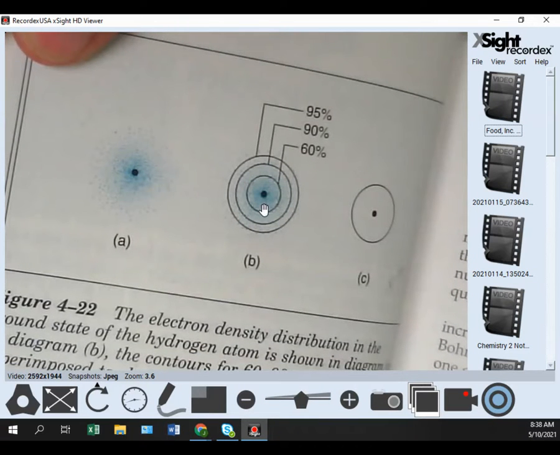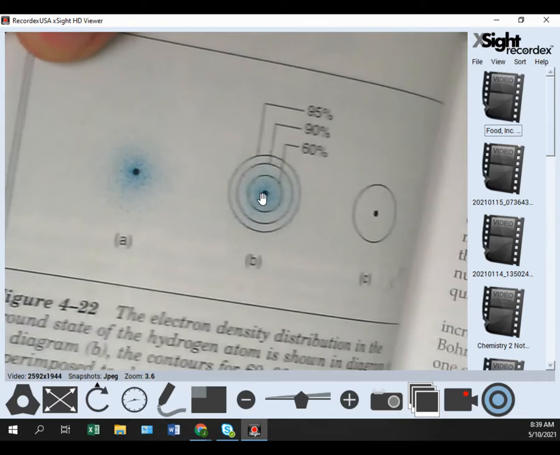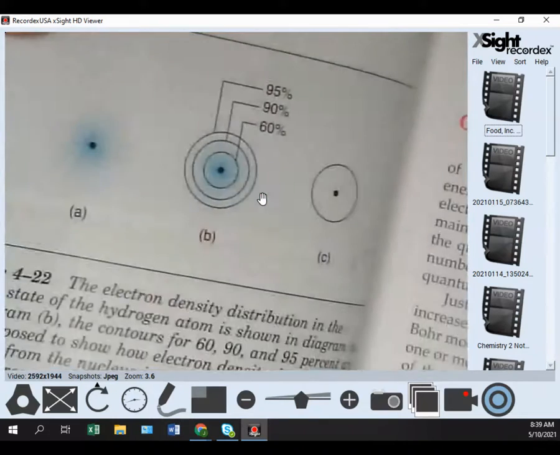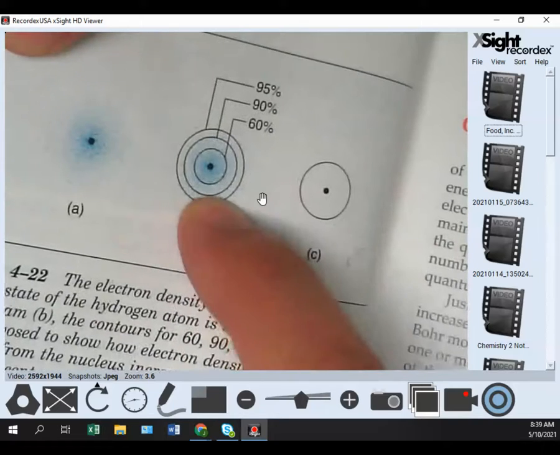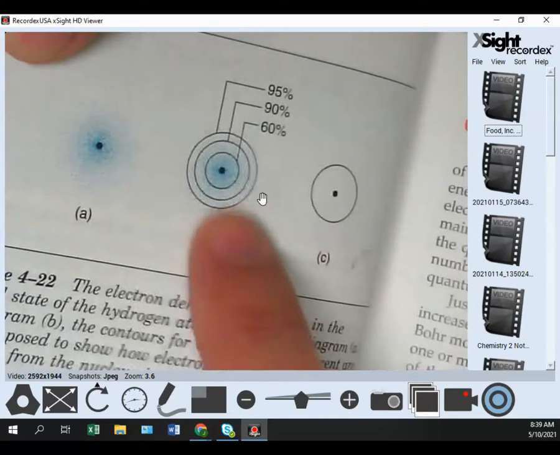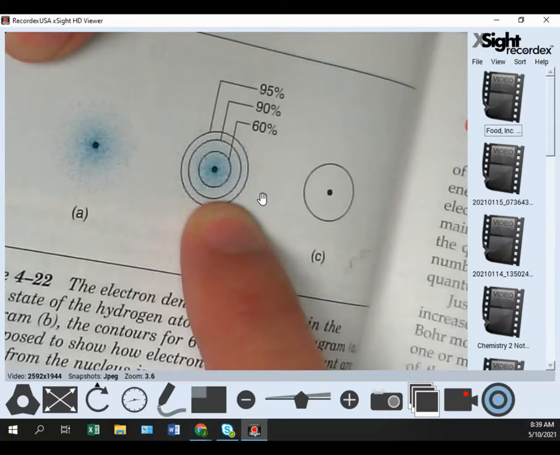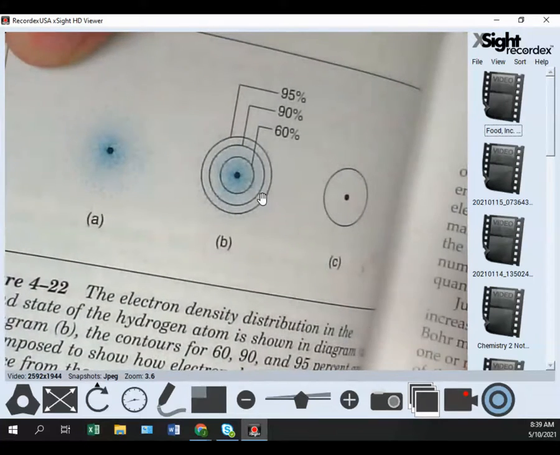So what these are, the contour lines. The contour lines tell you the percent chance you have of finding the electron between that line and the nucleus.